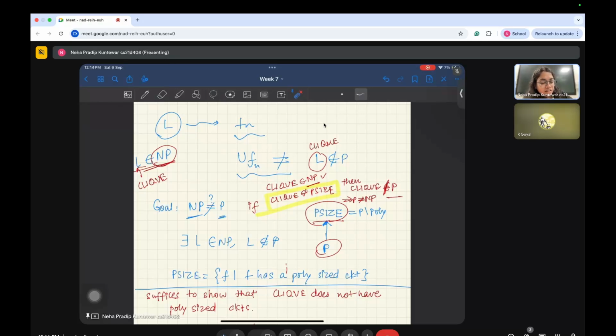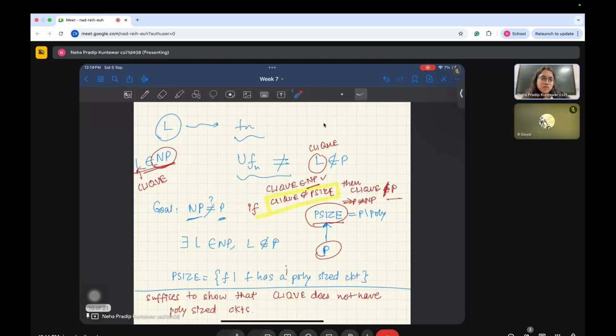Now why do we talk about monotone circuits? To make things simpler, say I know there is a monotone function in NP, and therefore there will be a monotone circuit for it. So this part is done.